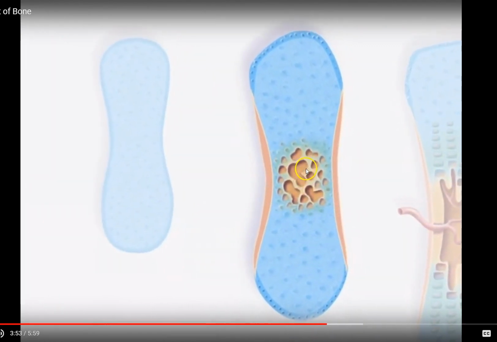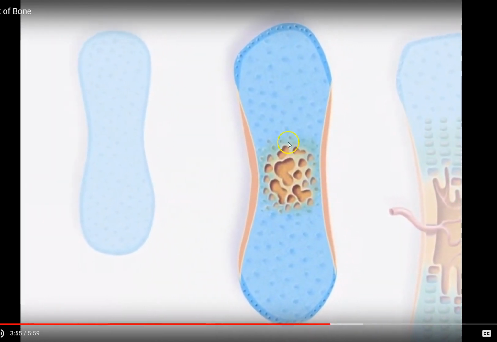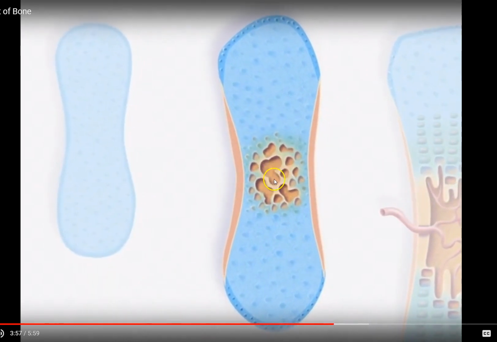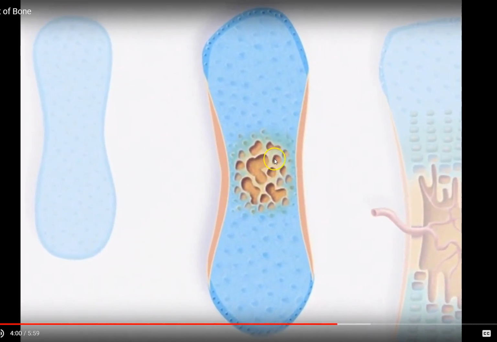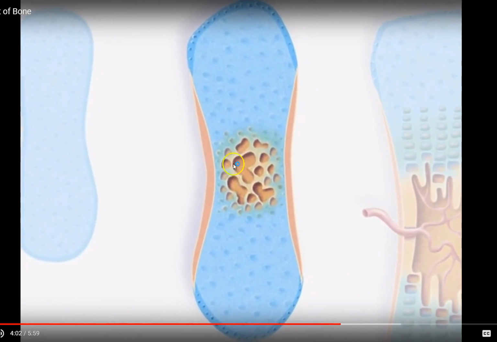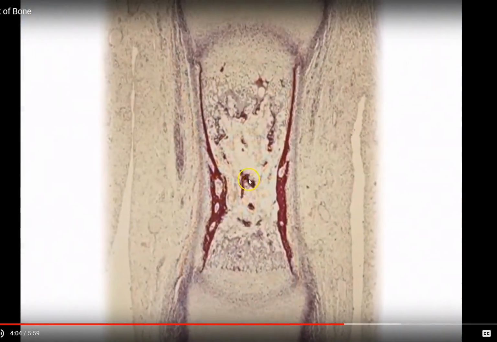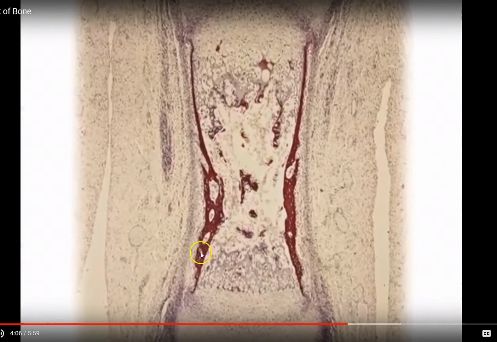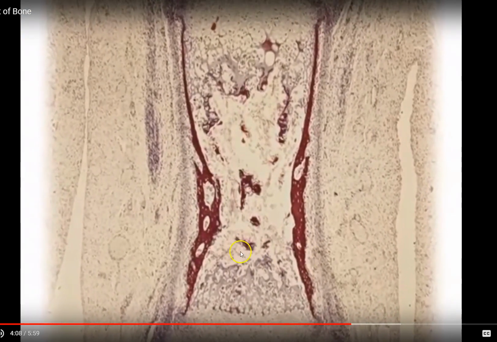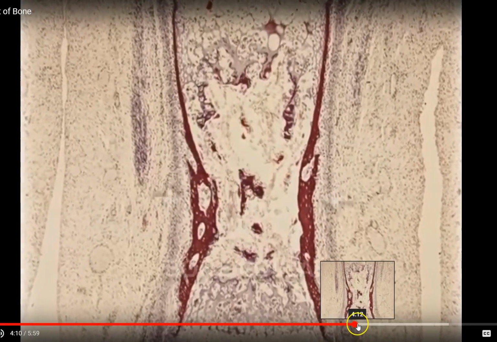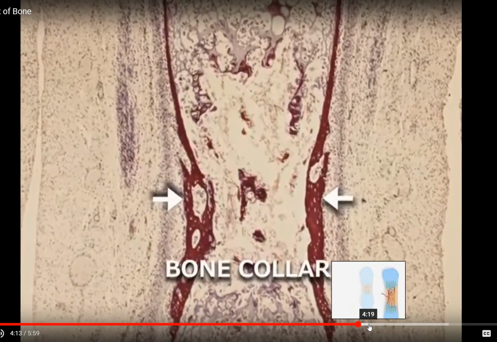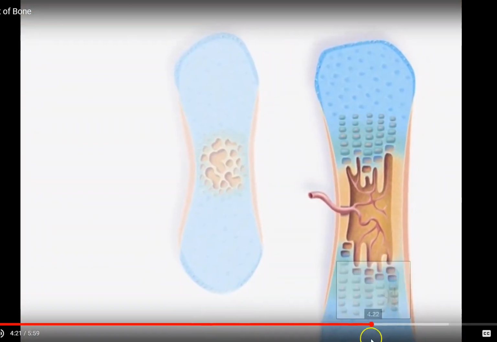So anyway, chondrocytes resting here, they multiplied here, they swelled up, they lined up in columns, they got the matrix around them calcified, cut off from their nutrients, they died. They put a bony collar around the outside to protect it. The blood vessels are going to penetrate it. There we go, bone collar, keep going.